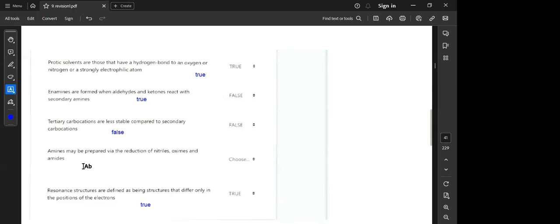Amines may be prepared by the reduction of nitriles, oximes, and amides. That is false. What's an oxime? An oxime is an OH attached to the nitrogen of an imine. That makes sense.